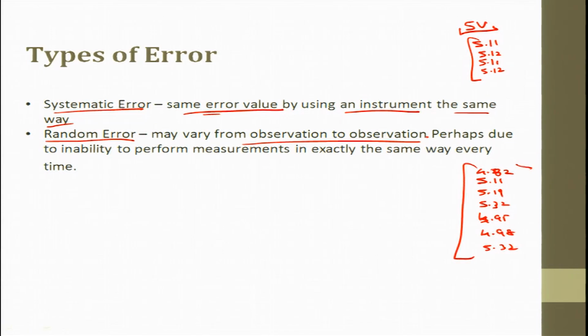This is random error, if this is the voltage. So the error that causes readings to take random values about the mean value is known as random error.